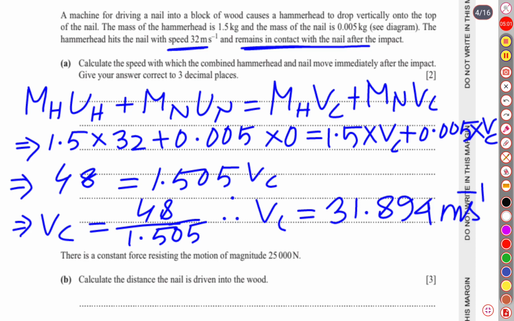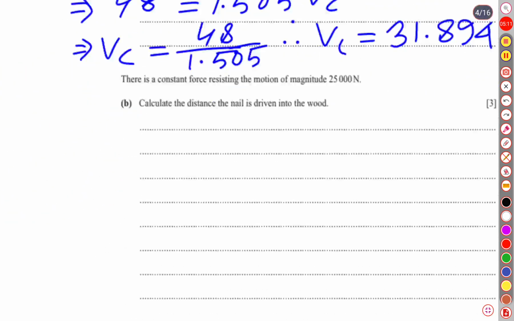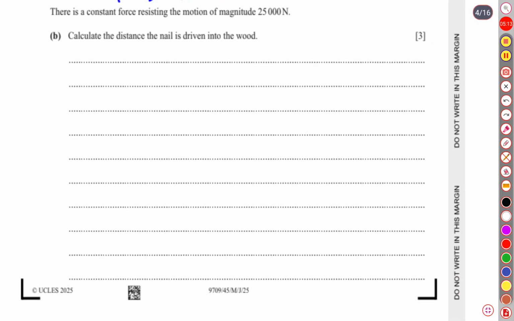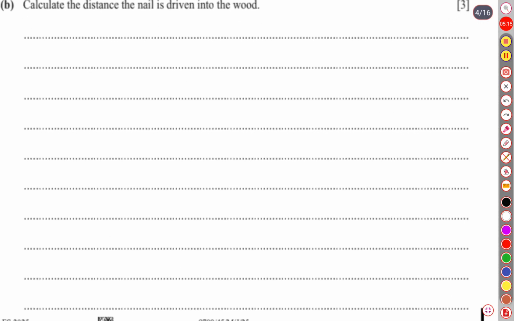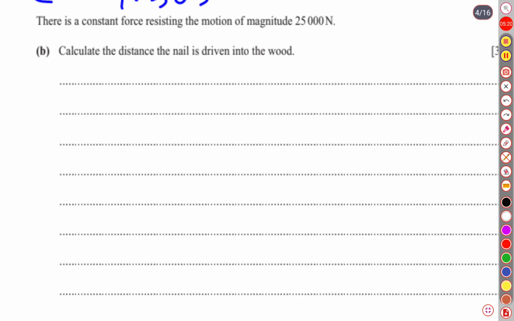Now let's move on to the immediate next question, part B. Let me write here the answer. And B says there is a constant resisting force on the motion of magnitude 25,000 Newton. Calculate the distance the nail is driven into the wood.